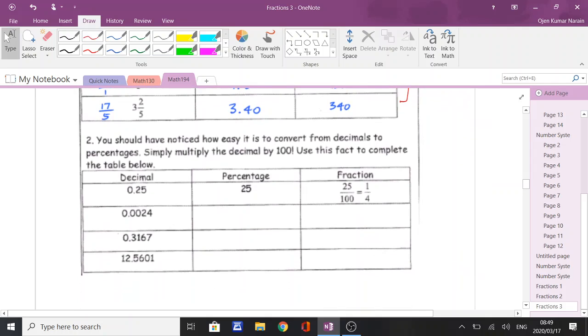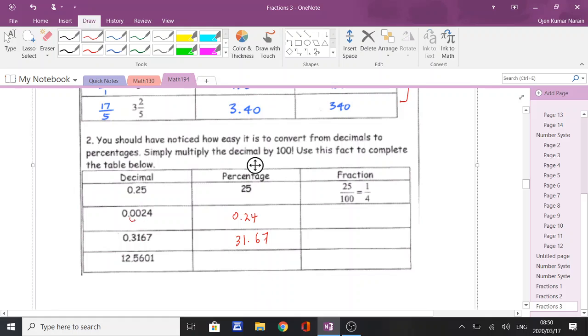You should have noticed how easy it is to convert from decimals to percentages. Simply multiply the decimal by 100%. Use this fact to complete the table below. So you have to multiply by 100.